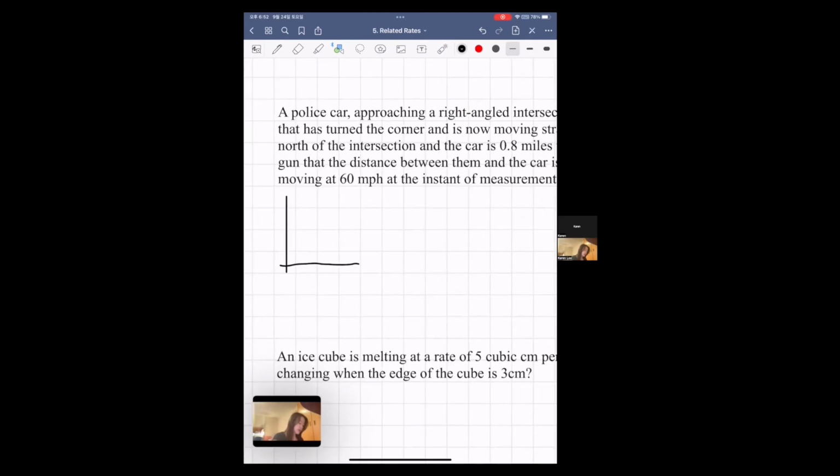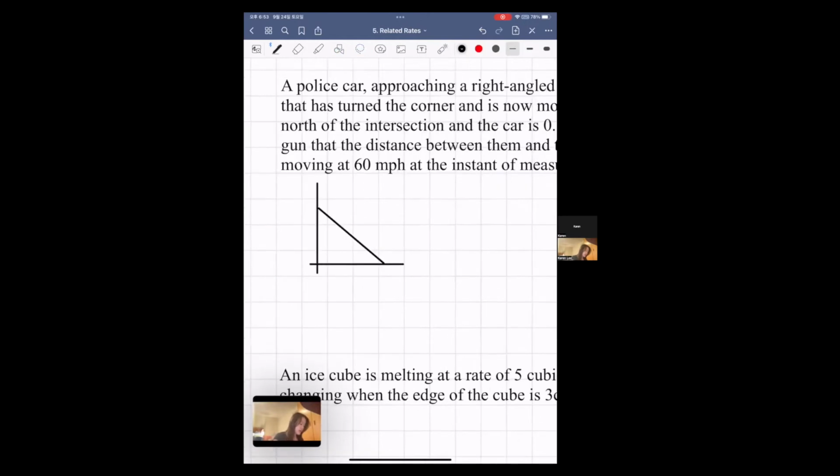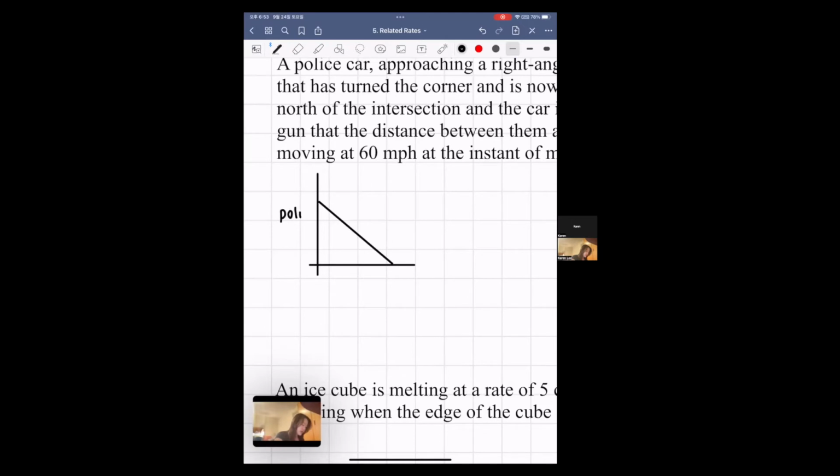Basically, there is a police car here. There is a speeding car here. And then we're going to place the variables so that this is y, this is x, and this is z.